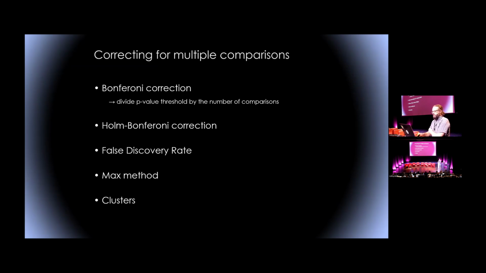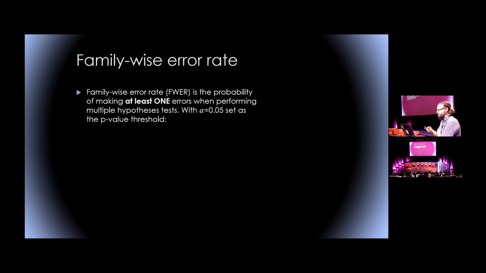So first, an important concept when you compute correction for multiple comparison is the family-wise error rate concept. The family-wise error rate is the probability of making at least 1 error when performing multiple hypothesis tests.